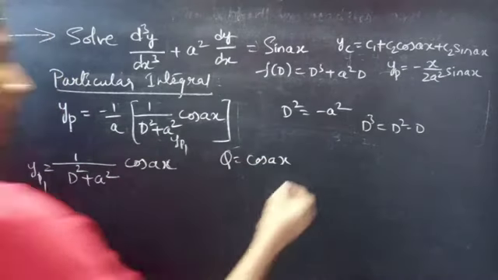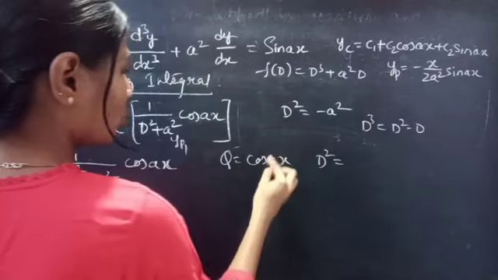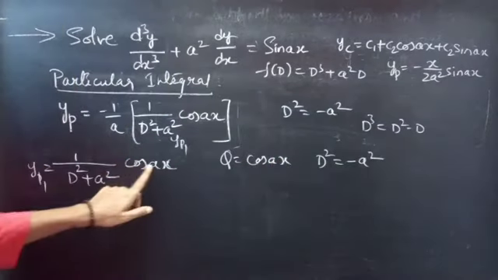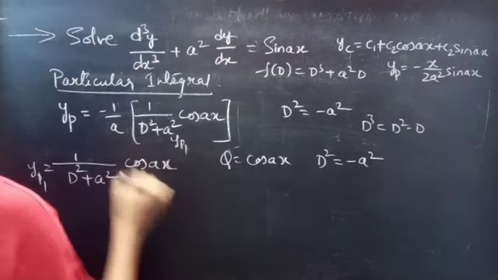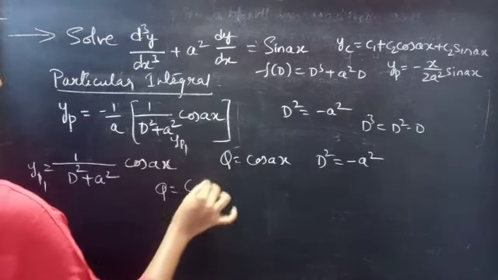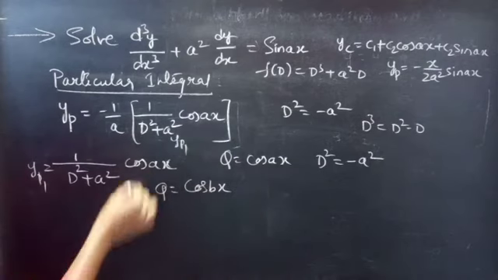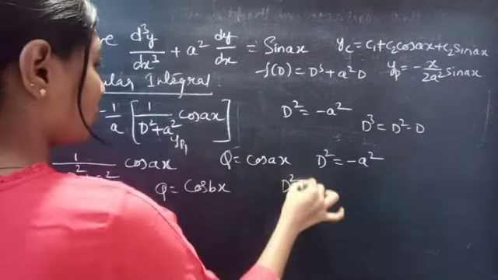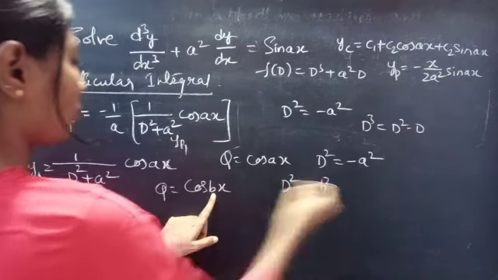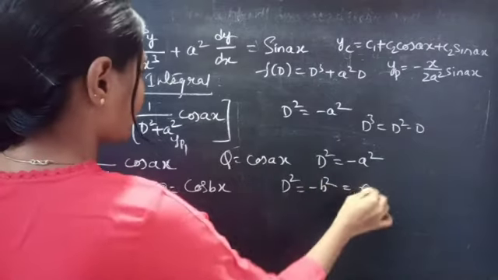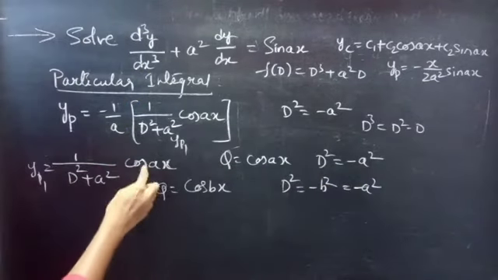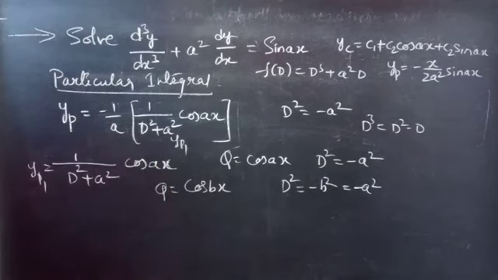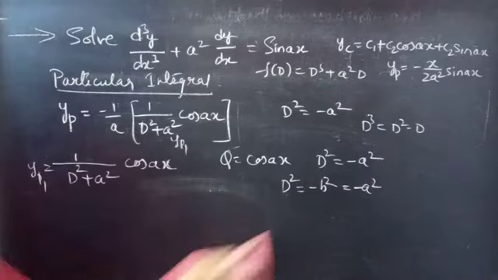Then we need to find D square, which is given by minus of this number square, minus a square, because we have a equals a. Or you can compare this with q equals cos bx. You can say that q is in cos bx form. Then we can find D square by using minus b square. Then for b equals a, you'll get minus a square. Don't get confused. We'll just find D square, which is given by minus this number square.